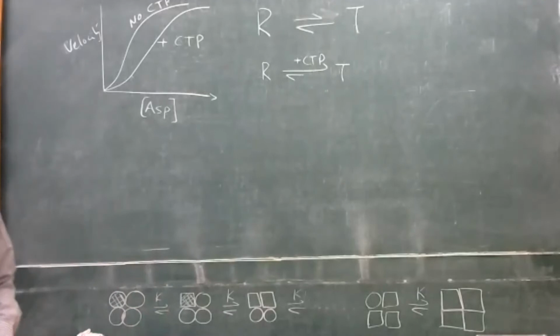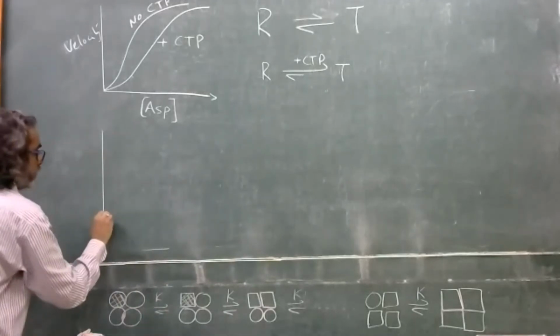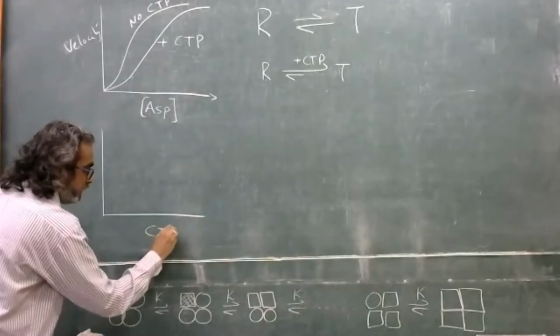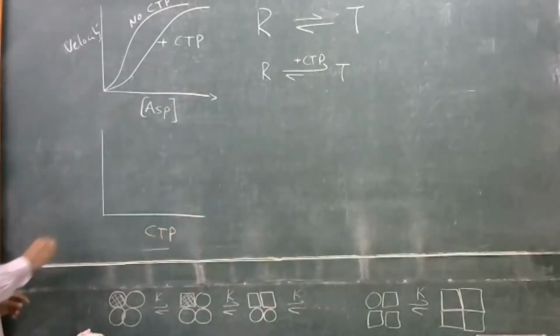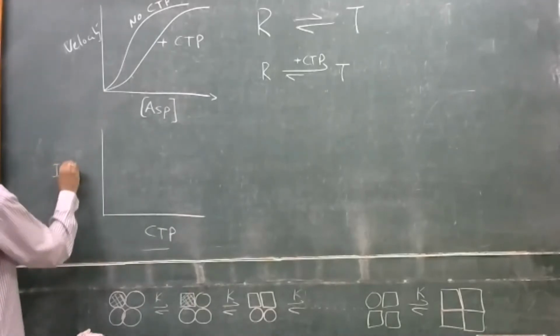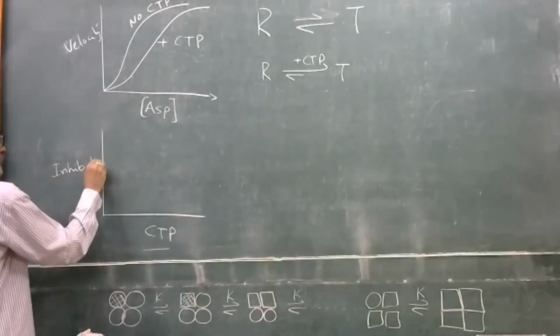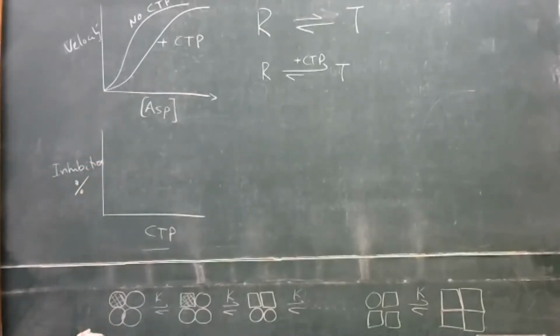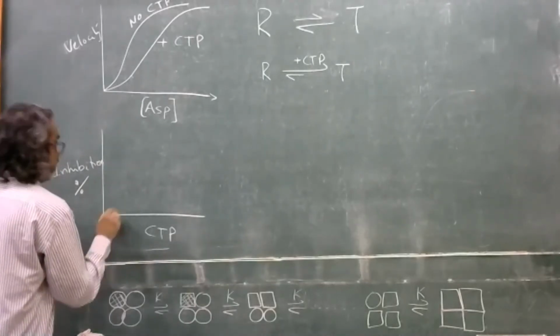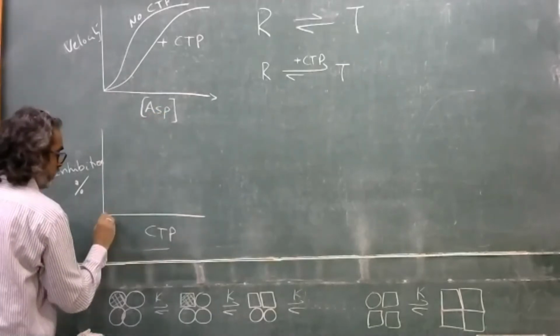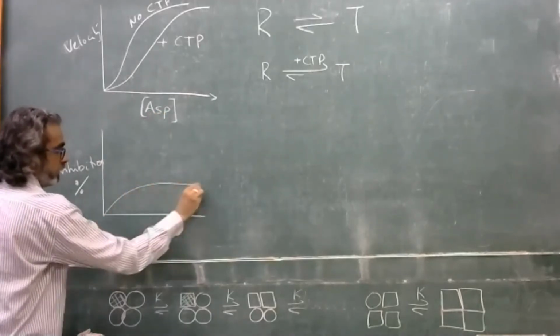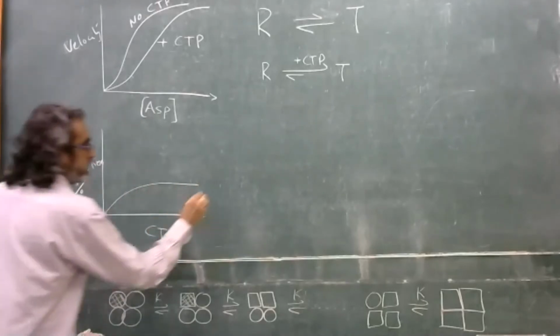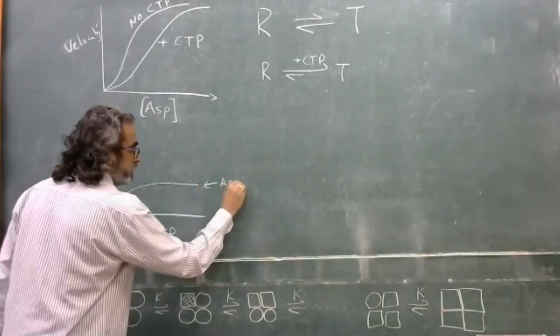Okay, so let's say you do it the other way. If you want to look at it with respect to the inhibitor and inhibition percentage, how much can be inhibited? At a given substrate concentration, as you increase the CTP, this is at a fixed aspartate concentration.